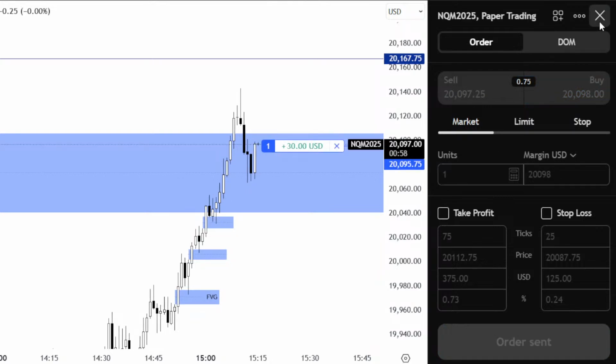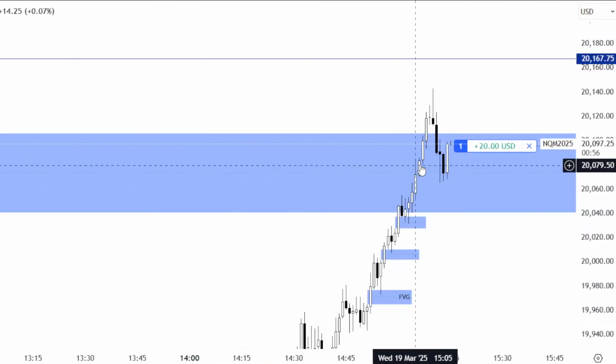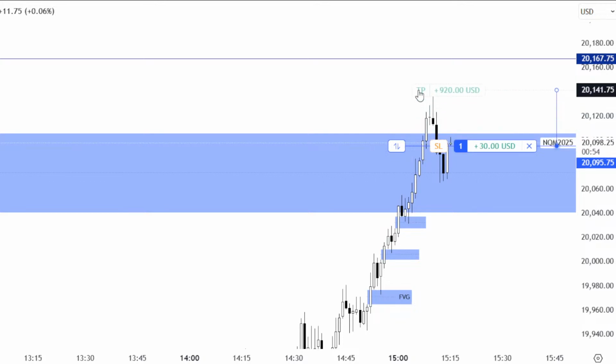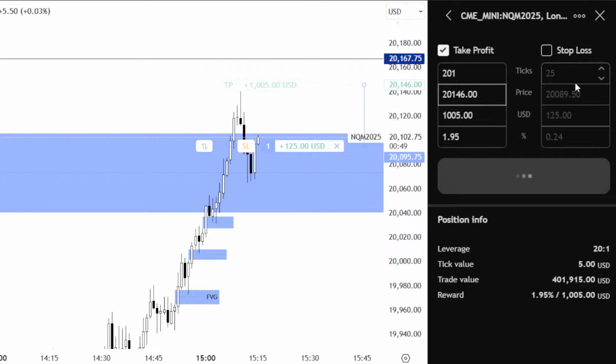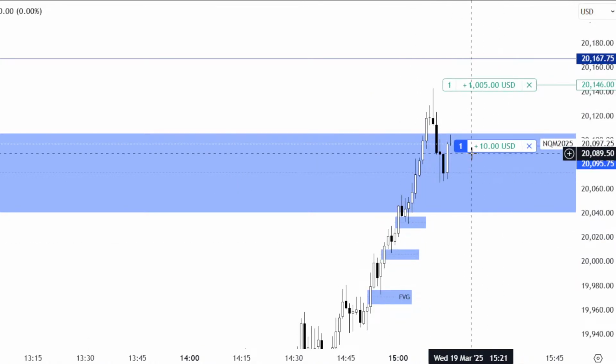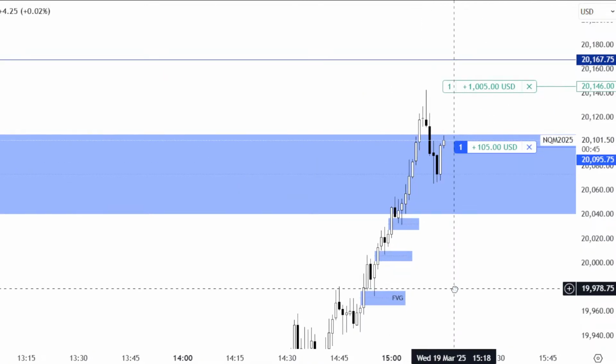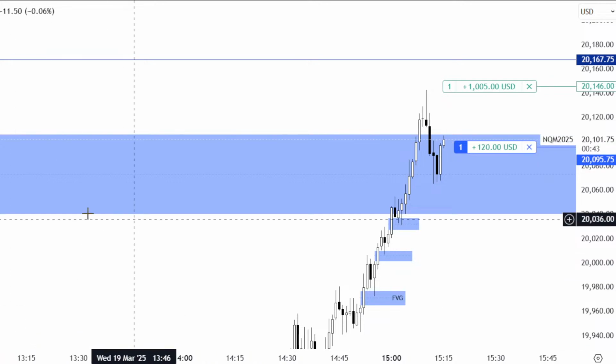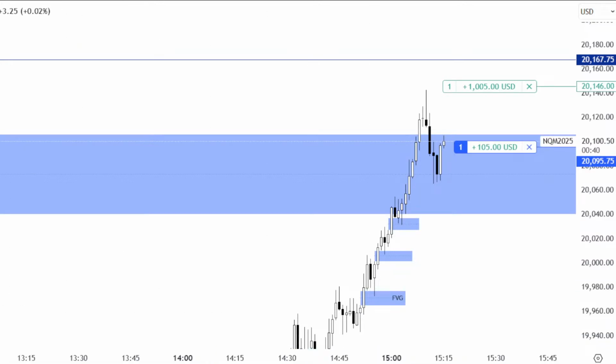Okay, I'm taking a long here, and I'm going to target this high. So I see that as a little bit of a pullback, and if I'm right, that high might get tested again.